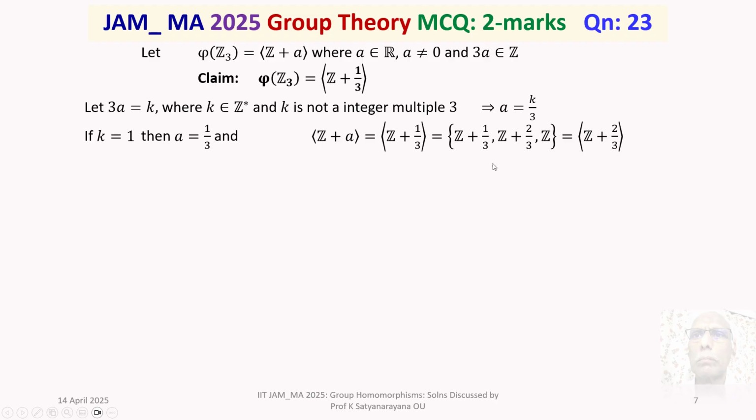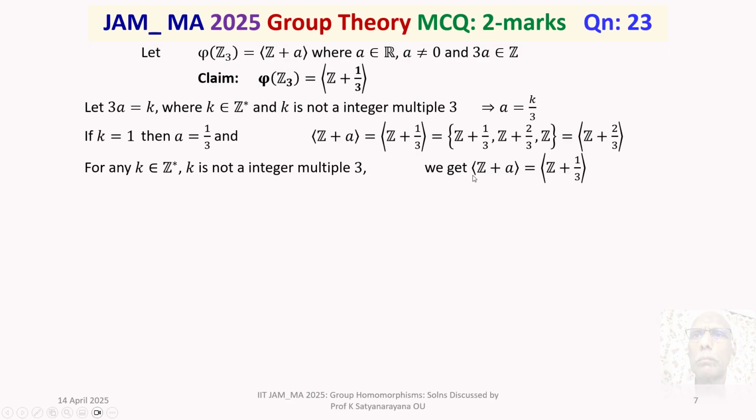Z plus 1/3 plus Z plus 1/3 is Z plus 2/3. Z plus 1/3 plus Z plus 1/3 plus Z plus 1/3 is Z plus 1, and Z plus 1 is Z only. So it is a cyclic subgroup generated by Z plus 2/3 also, because that is also a generator.